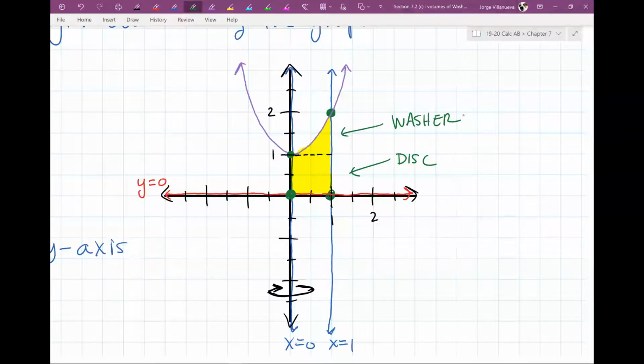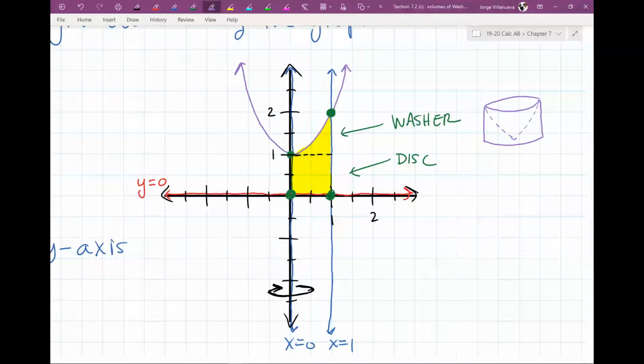But if I rotate that triangular thing around vertically, you're going to notice it's going to create a hole. The top part, the washer, is going to look like this. When you rotate the top part, it's going to have this type of shape to it. It's going to have a little hole inside.